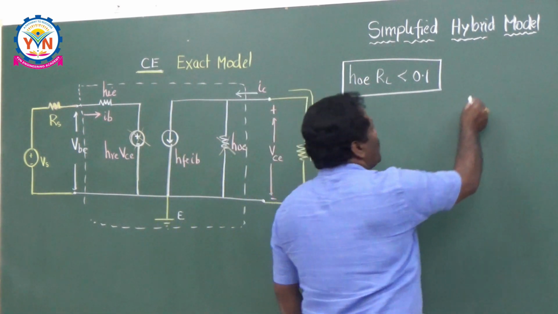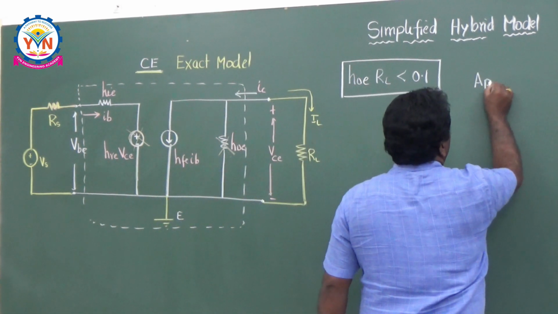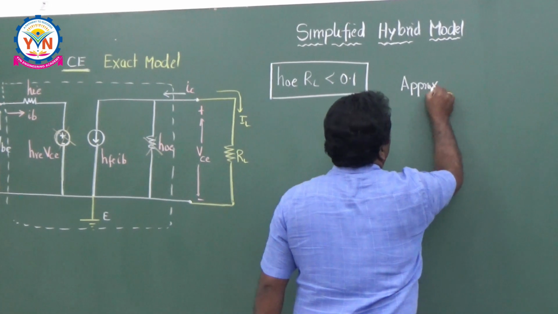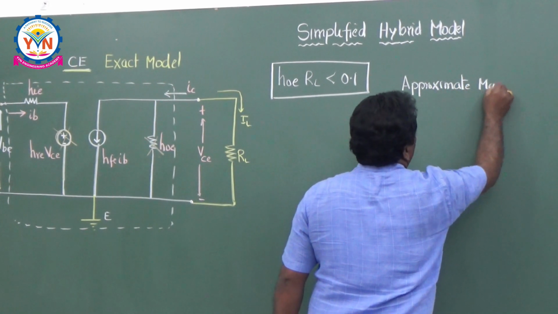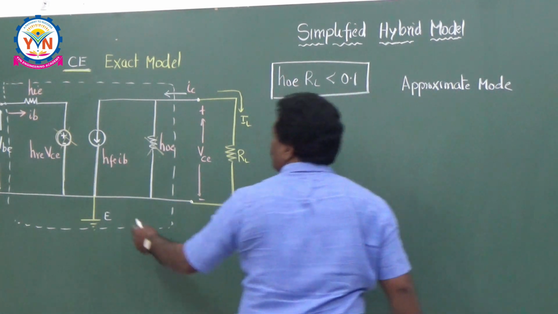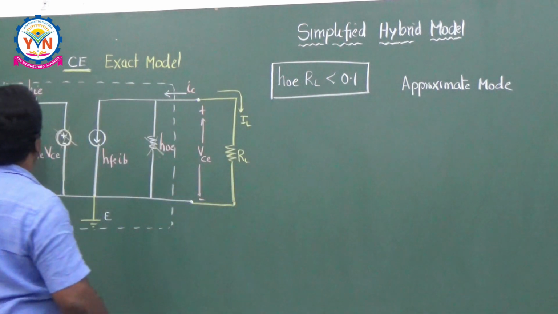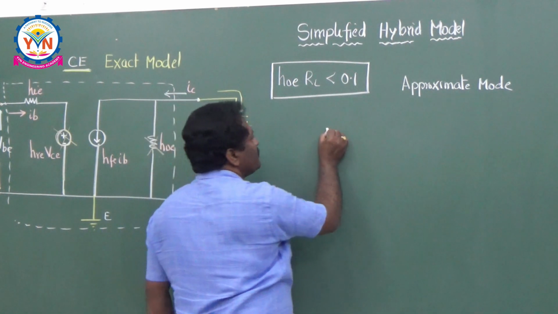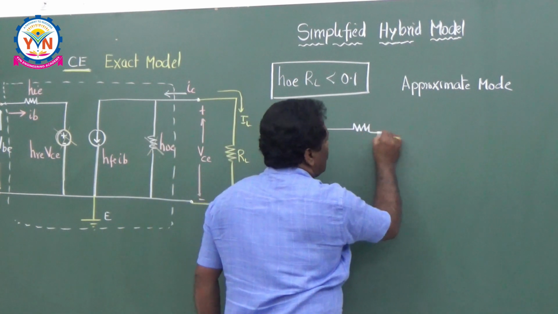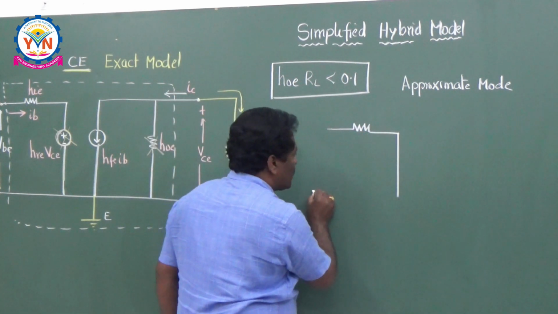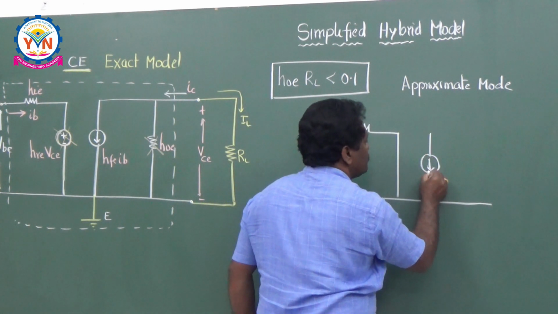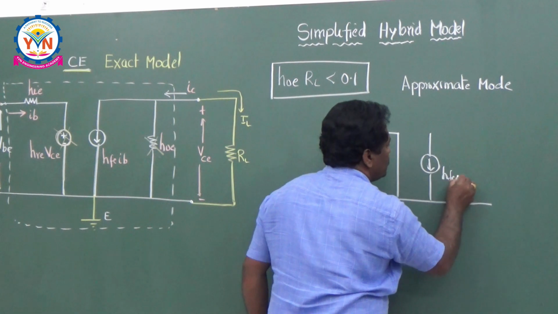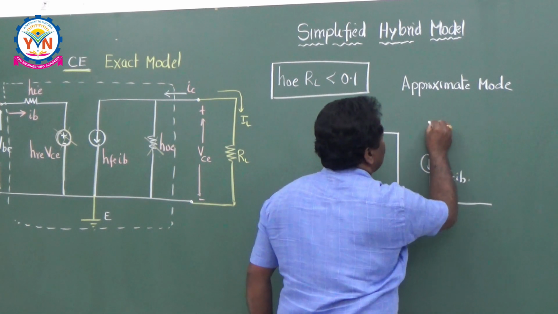So, draw the approximate model circuit here. The approximate model means you have only 2 H parameters. If you take this circuit, simply you can write down HIE, this is HIE, and this is totally grounded because HRE is not there, and HFE times IB, this is HFE times IB, and HO is also not there.